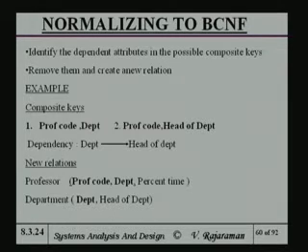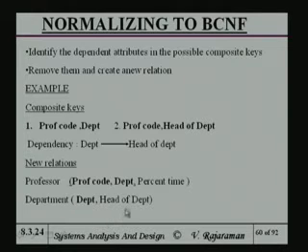So even if some particular professor retires or resigns, the fact that a particular person is a head of department is not lost, because there is a separate relation, which is department and head of department. Whenever a department's head is changed, only this relation is changed and the other is not touched at all. And whenever a professor changes his percent time in a given department, only this relation is touched and this is not touched.